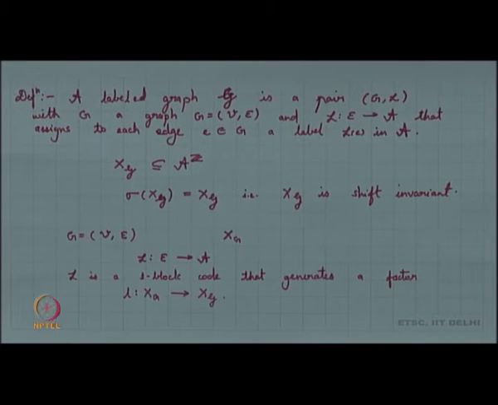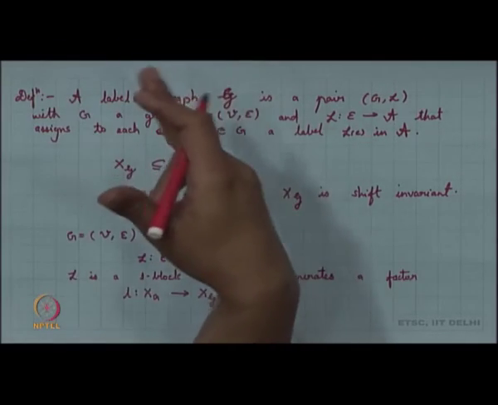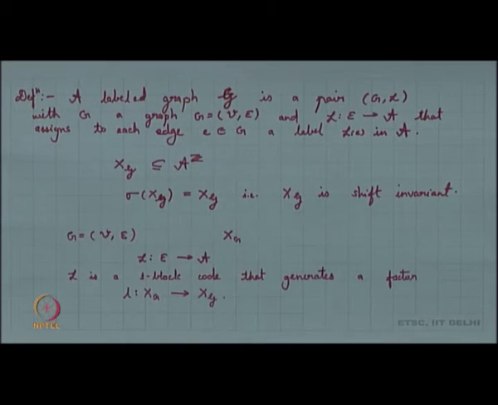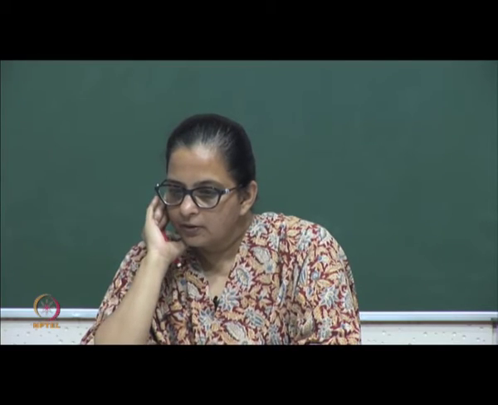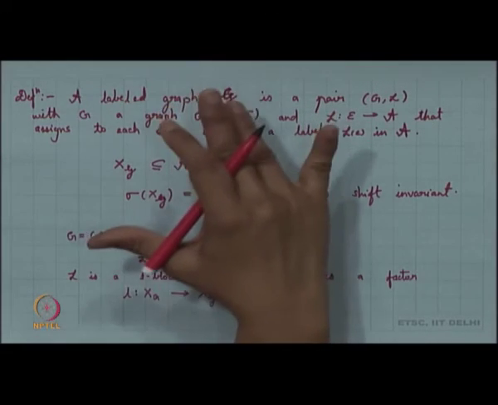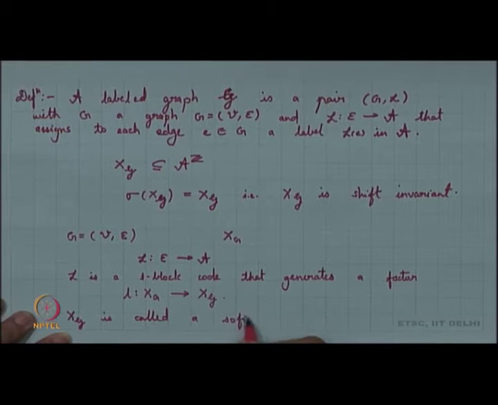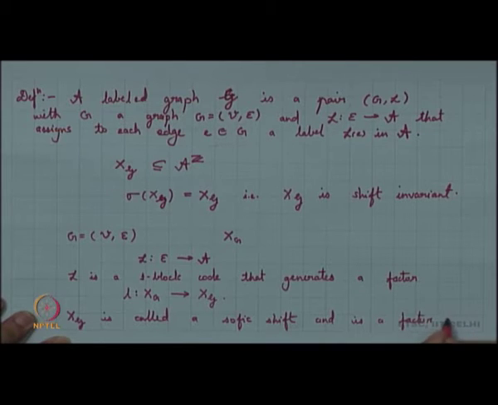We have XG, a subshift of finite type, and the new shift that we have here, which is defined using the labeled graph, happens to be a factor of this subshift of finite type. So, we call this a Sophic shift, and it is a factor of a subshift of finite type.